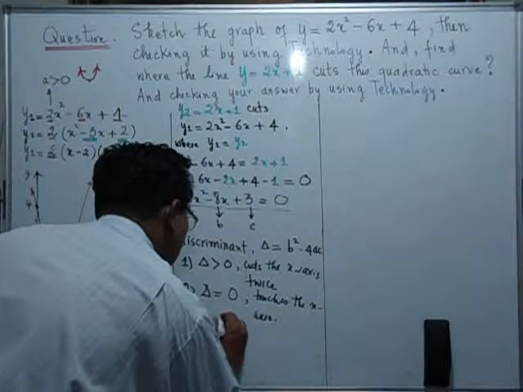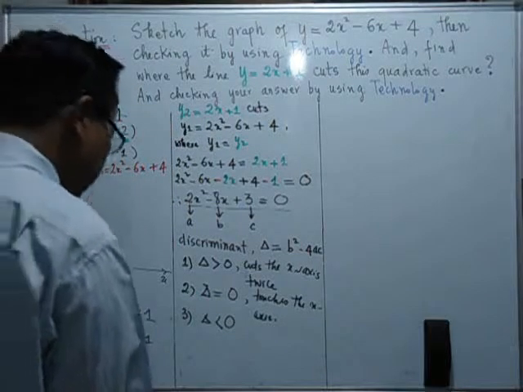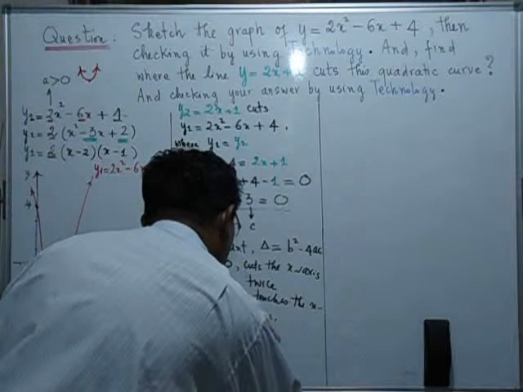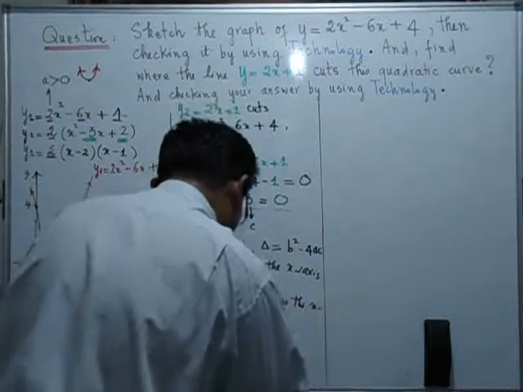When delta is smaller than 0, it doesn't cut the axis at all.